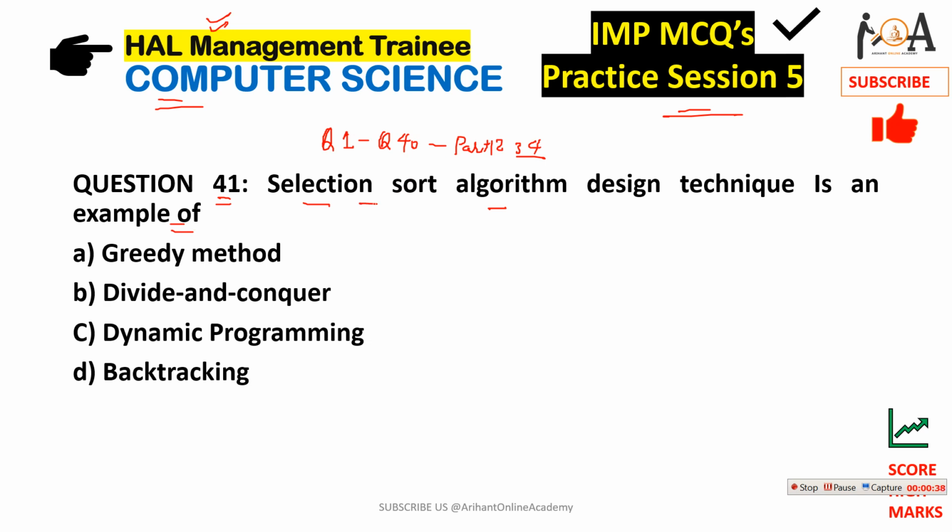You know that selection sort, if we talk about ascending order, every time it will select the minimum element and put it in the sorted array. One list would be the sorted array and one list would be the unsorted array. Every time it selects the minimum item from the list and places it in the sorted array.